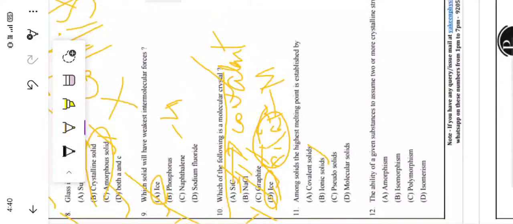Wait, in my book it is given that covalent or network solids have very high melting point, and in ionic it is written high only, not very, and for metallic solids it is fairly high. So I think this answer is wrong. Ionic is also high, I know, but very high is given for covalent network solids.